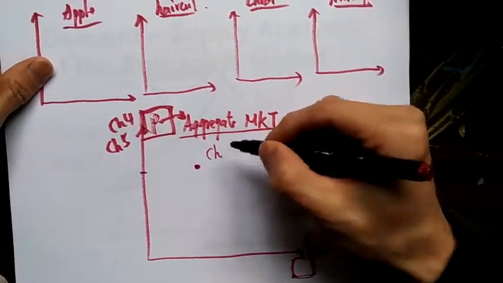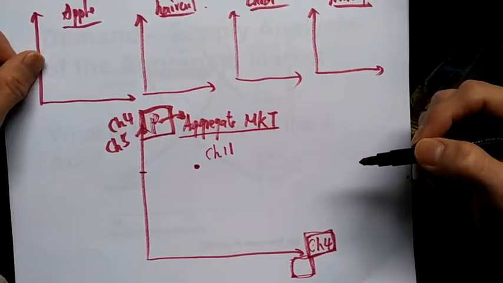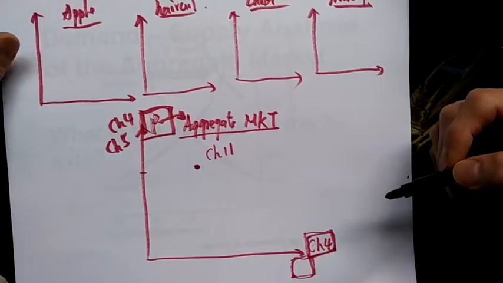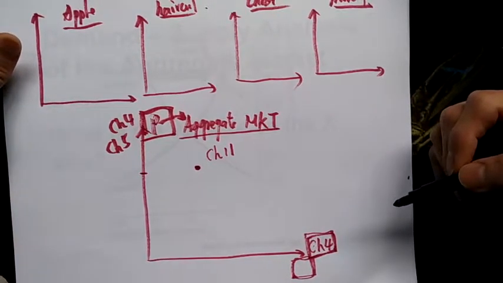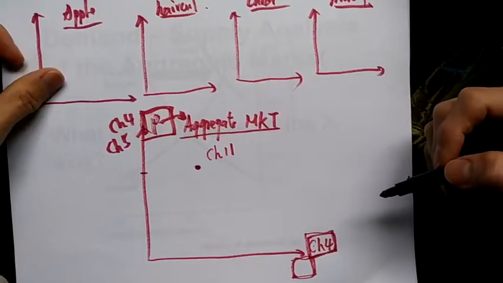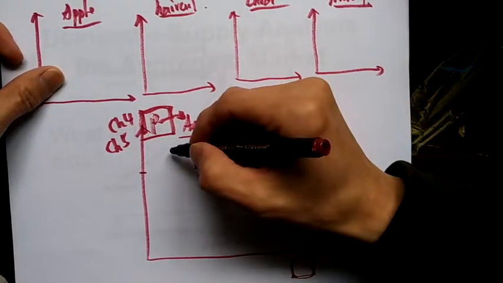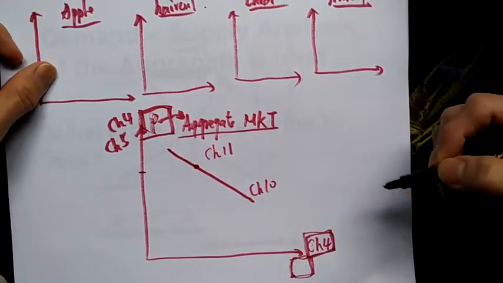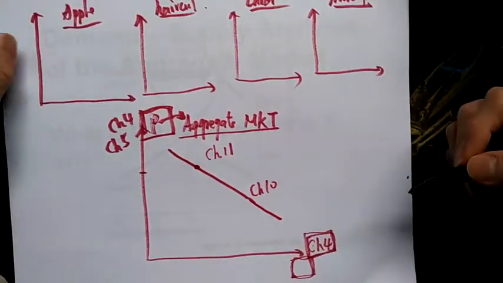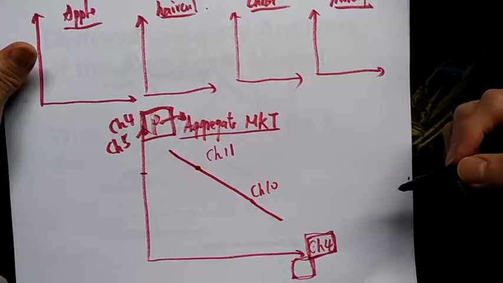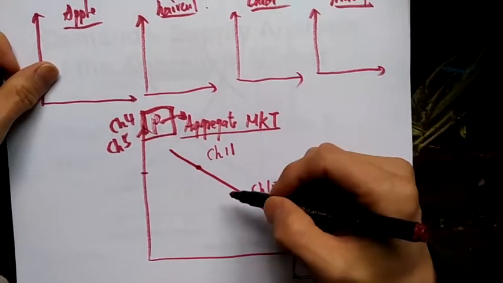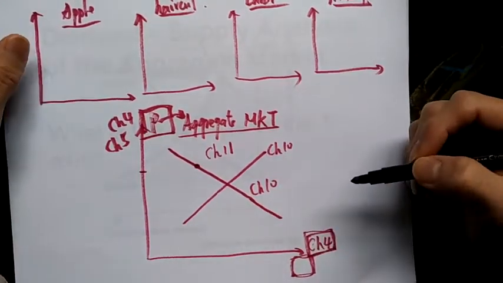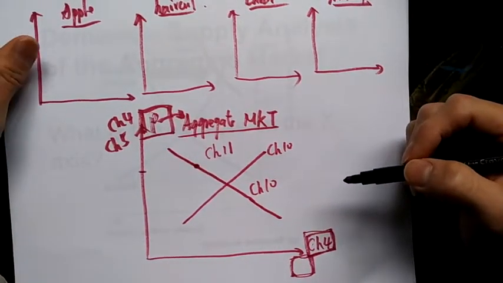We are going to spend the whole Chapter 11 to get one dot on the aggregate demand curve. And then we're going to use Chapter 10 to draw the aggregate demand curve. And then we are going to use Chapter 10 to draw the aggregate supply curve.